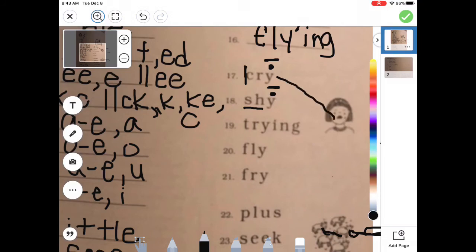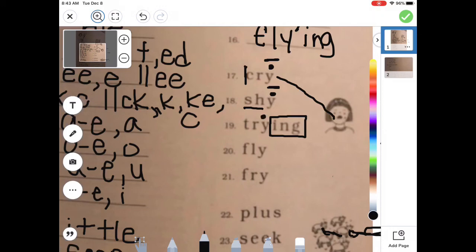All right, now let's look at 19. Well, we always look at the end of the words first, and I noticed something. That's right, suffix ing needs to be boxed off because it's its own part. We're not going to mess with it right now. And then when we look at the rest of the word, try. Okay, it doesn't have A, E, I, O, U, a normal vowel, so we know that Y is going to act as a vowel, so I'm going to put that dot on top of it.